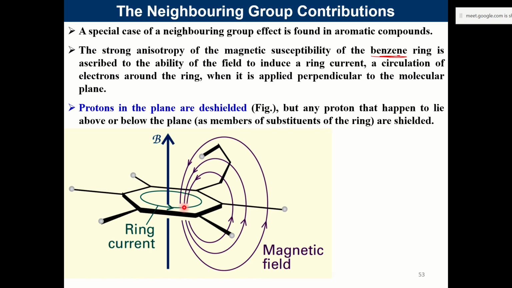And because of these moving electrons, a magnetic field is produced. This is the magnetic field going around in circles.